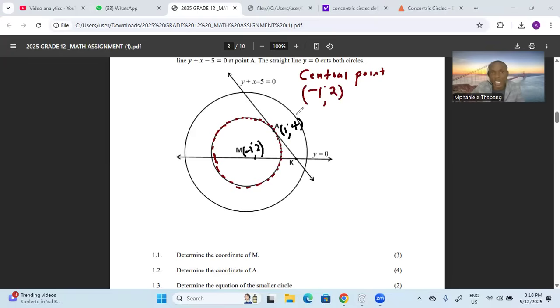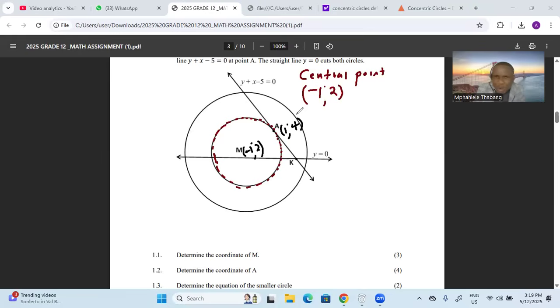And I also need one point at the circumference of a circle. Do I have one point at the circumference of a circle? Yes, it's point A. We see that the point A lies on the small circle. It lies actually on the straight line of tangent, and it also lies on the small circle.